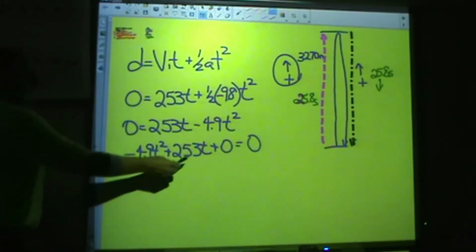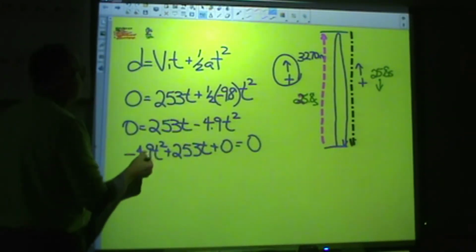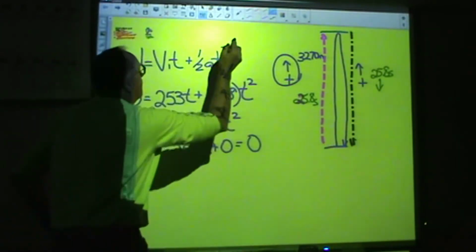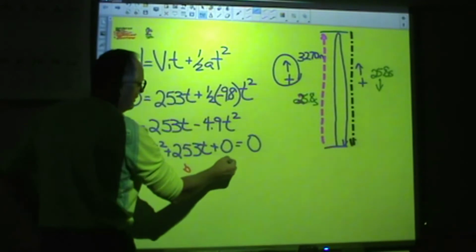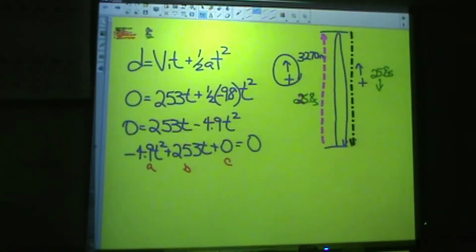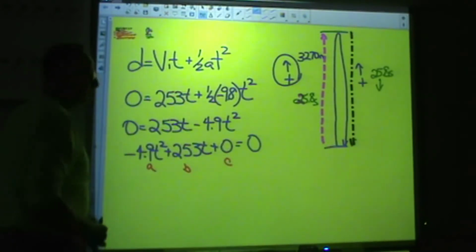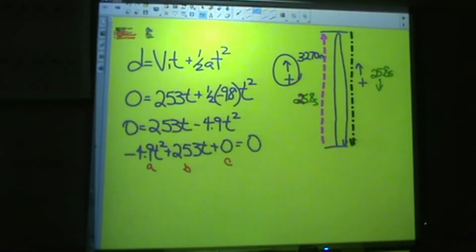Now I don't actually have to put this one in here, but this is going to be A, B, and we are going to need a C. In the quadratic, anytime any one of these terms is 0, the whole thing becomes a whole lot easier.